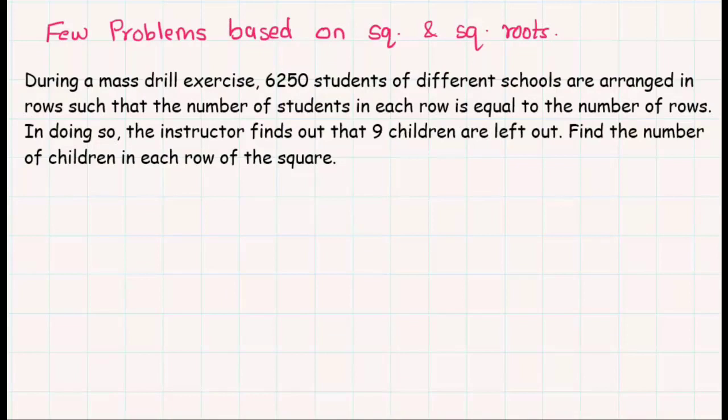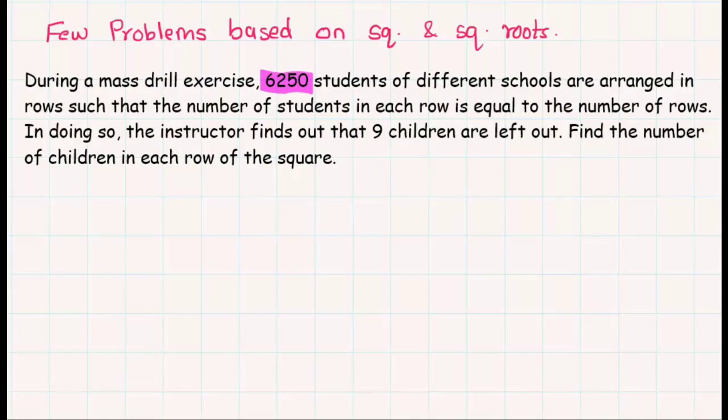Now look at this question here. Read very carefully. During the mass drill exercise, 6250 is the number of students of different schools arranged in rows such that the number of students in each row is equal to the number of rows. What does this mean?